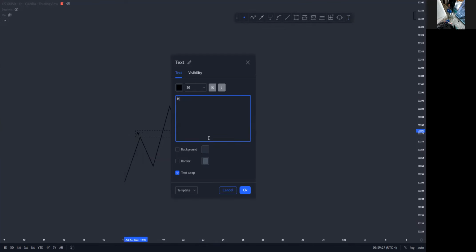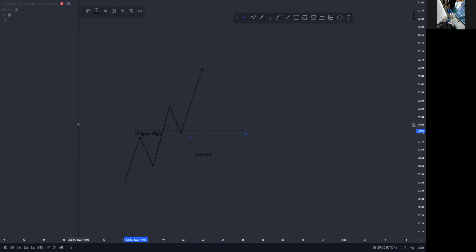So we got this higher high, higher high, got this higher high, got this higher high, and then higher lows, right?